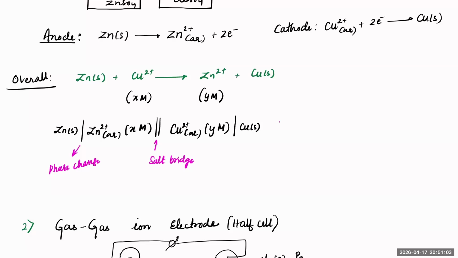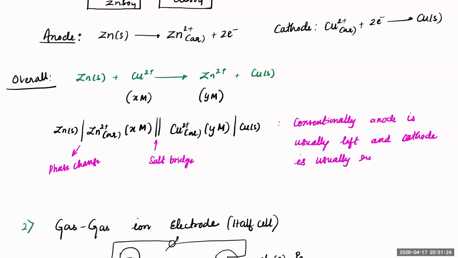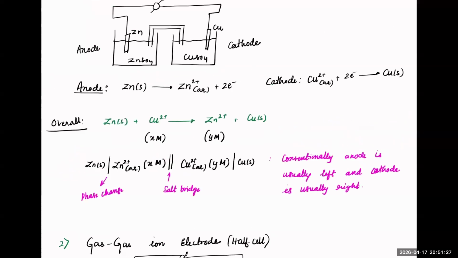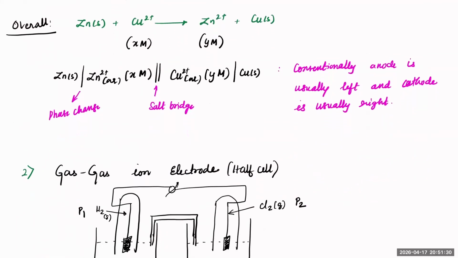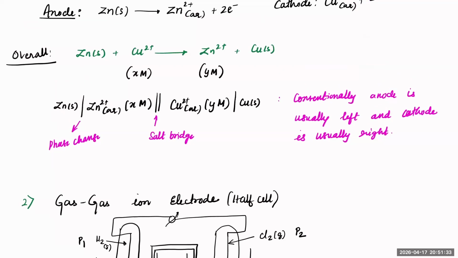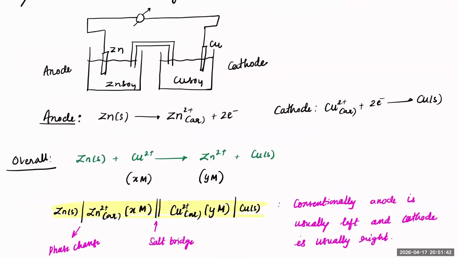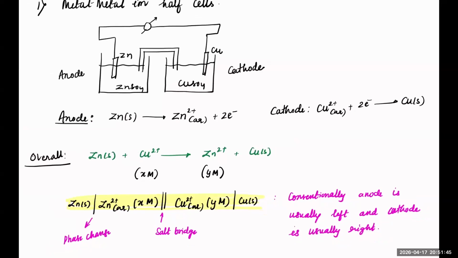Conventionally, anode is usually on the left, and cathode is usually on the right. So that's how you will differentiate this part. I hope you understood. This representation is what is called the cell notation, everyone. This is the cell notation for the metal metal ion electrode.